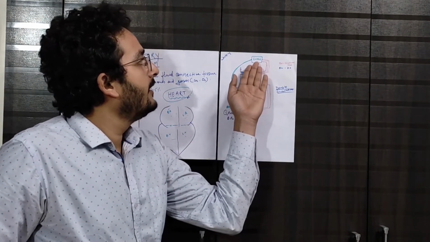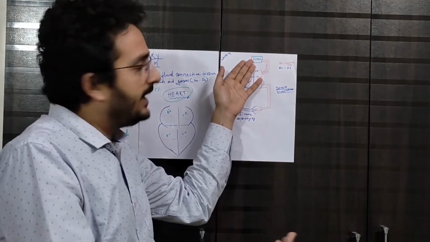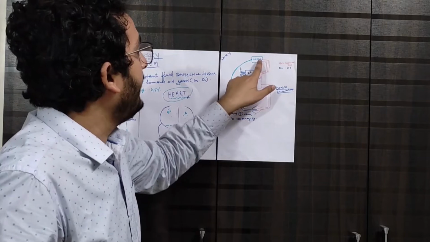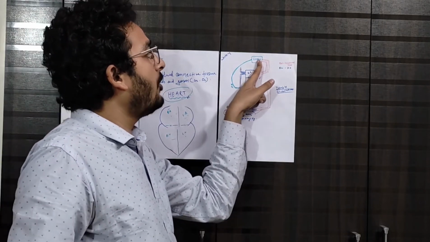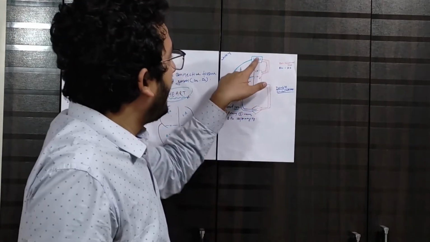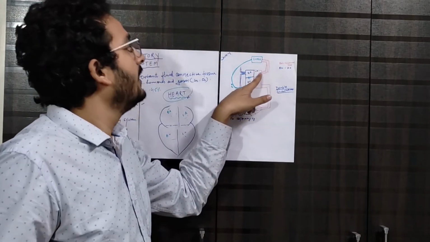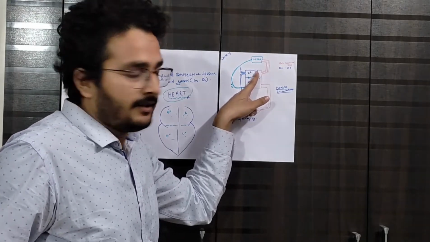In the lungs, oxygenation of blood occurs through the process of simple diffusion and blood becomes oxygen rich, called oxygenated blood, and this oxygenated blood comes to the left auricle with the help of the pulmonary vein.